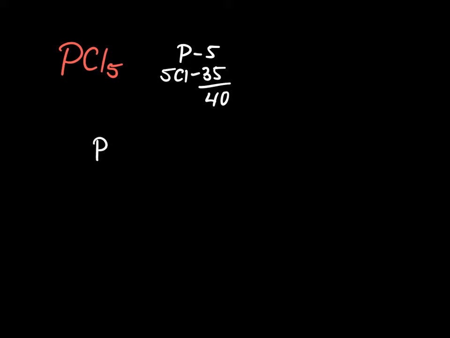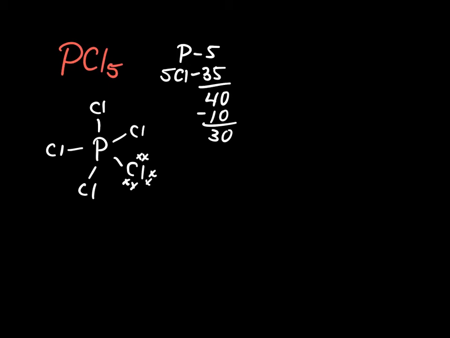If we put the phosphorus in the center, 1, 2, 3, 4, 5, that accounts for 10, leaving us 30, and that lets us put 6 around each chlorine. And we're out. And so there is a hypervalent species.